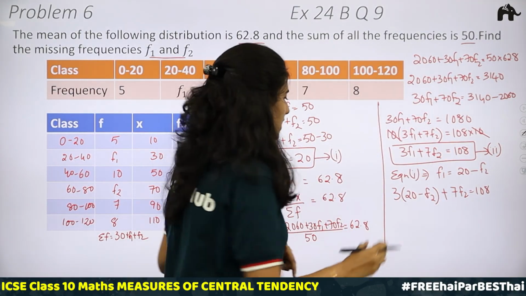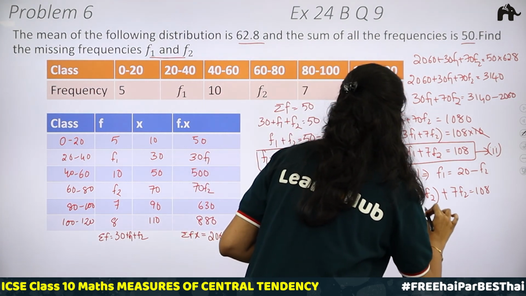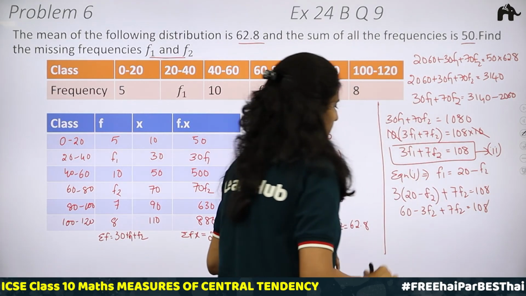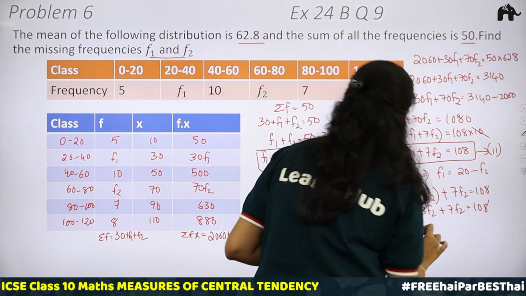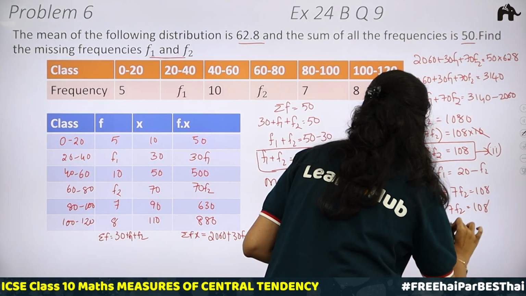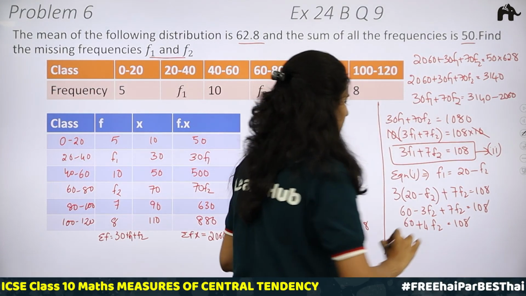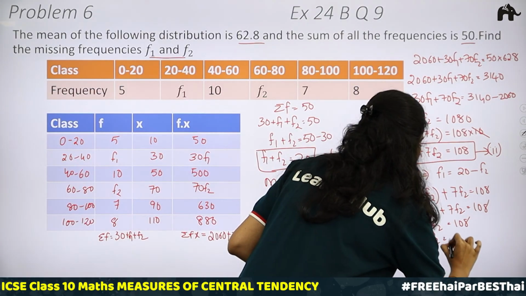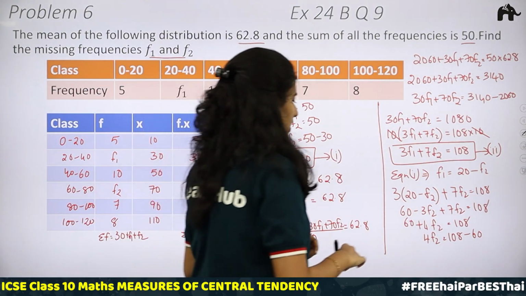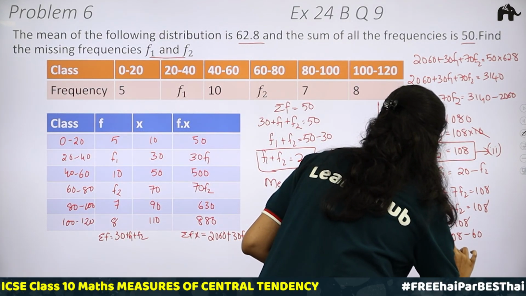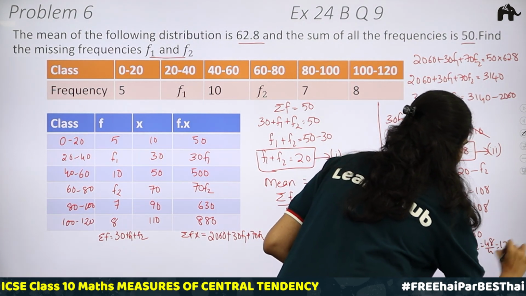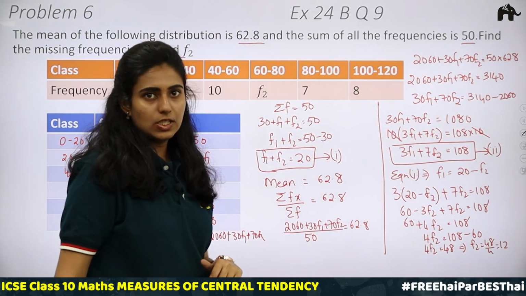Removing the brackets and multiplying, 3 into 20 is 60 minus 3 F2 plus 7 F2 is equal to 108. Okay, that is 60 plus 4 F2 is equal to 108. Then we can write 4 F2 is equal to 108 minus 60. 108 minus 60 is 48. 4 F2 is equal to 48, which implies F2 is equal to 48 divided by 4 and that is equal to 12. Okay, F2 is equal to 12.